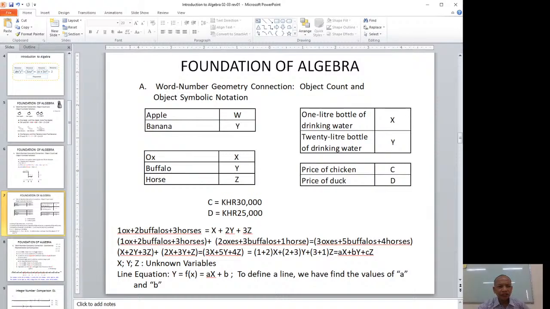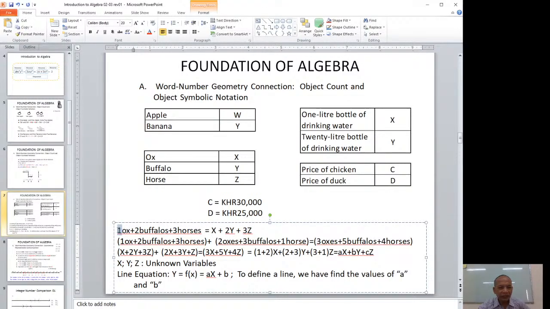So here, instead of plus, we can just write the letter without 1: ox plus 2 buffaloes plus 3 horses. Here represented by X. We don't write 1 like this. Just X plus 2y plus 3z.